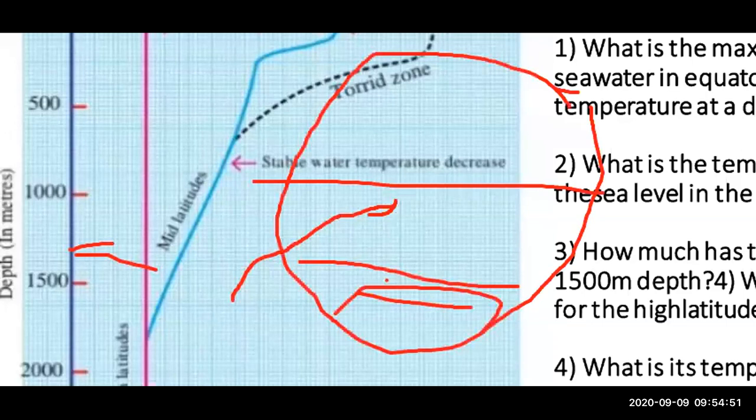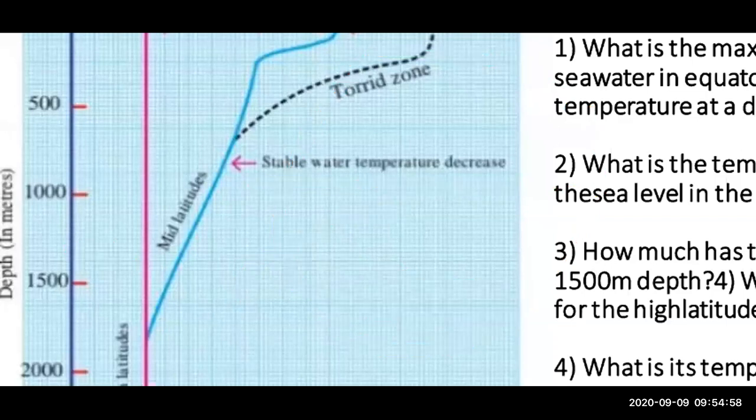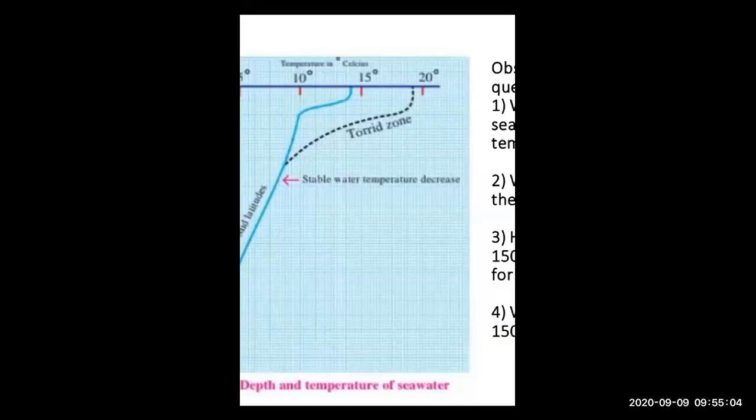Below this line, there is a torrid zone. So in this torrid zone, the temperature is 20 degrees Celsius. Now it is the part of torrid zone, now we are talking about the polar region.